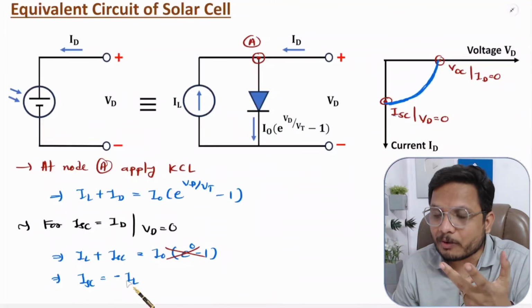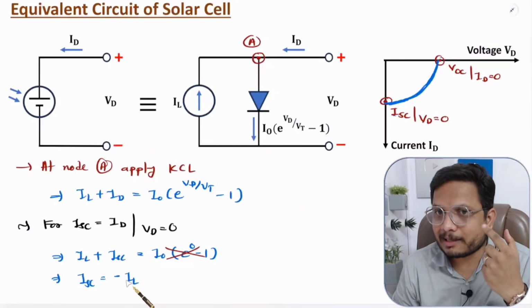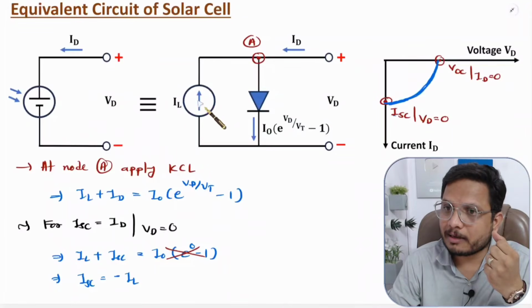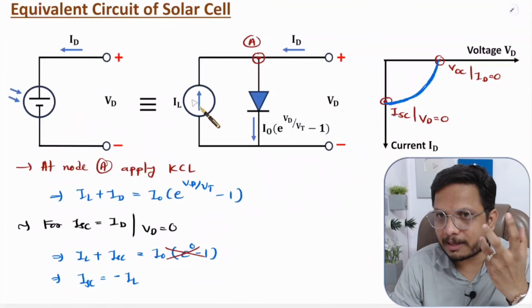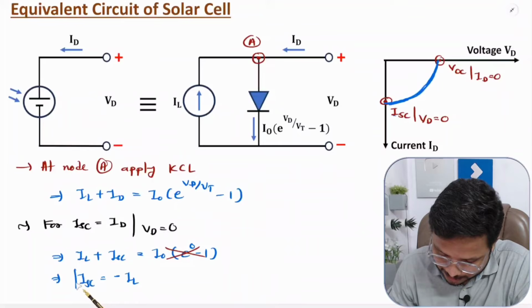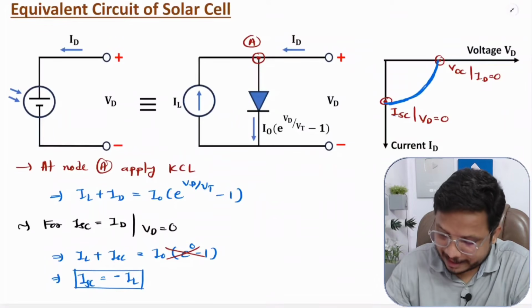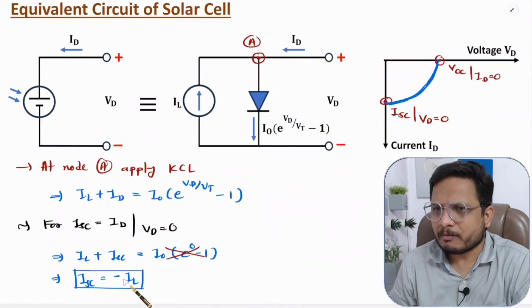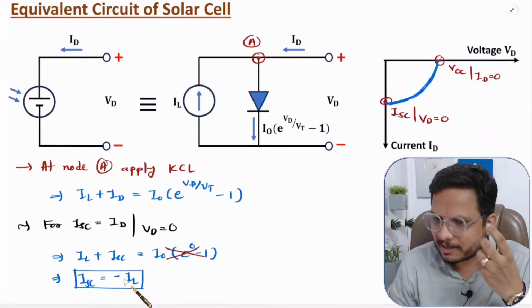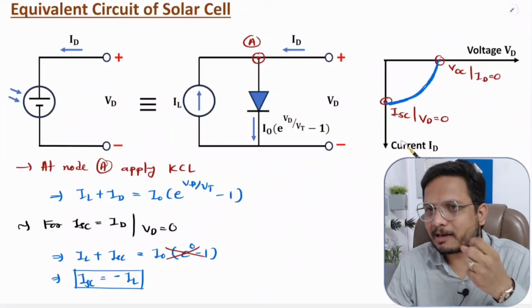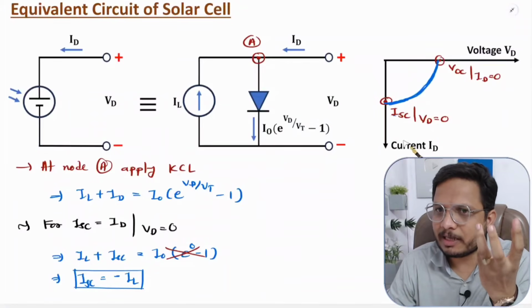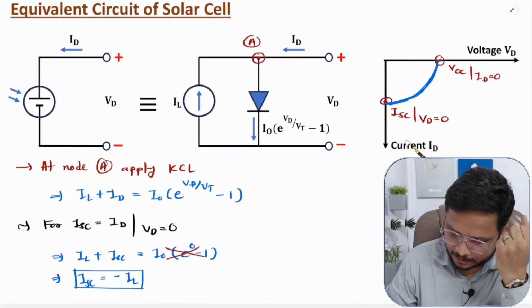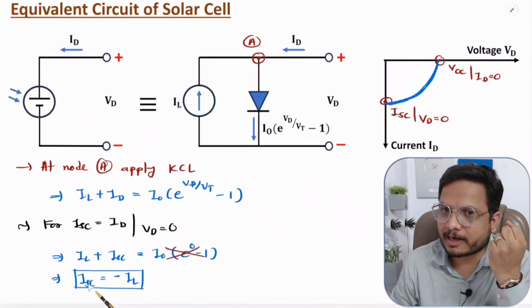IL is the current due to light, that is a current source. So here the short circuit current ISC in this characteristic is minus IL, right? But here we are just considering this characteristic like this. Otherwise, with respect to direction, we need to consider all those things. So that is how we have the short circuit current.